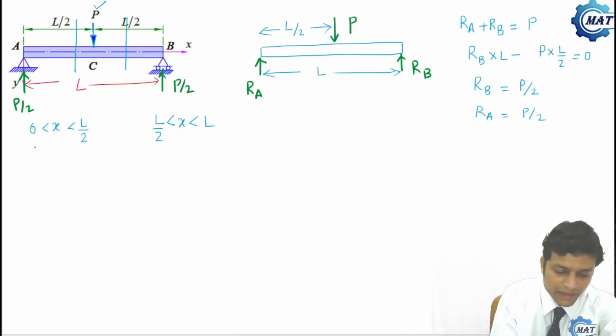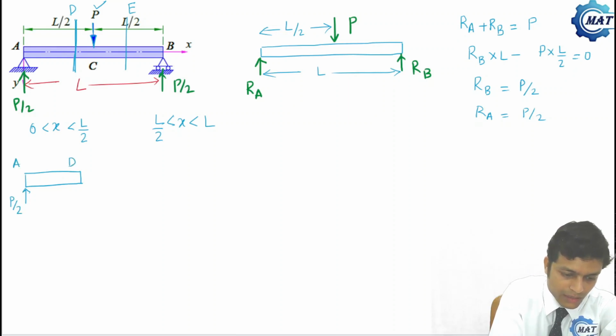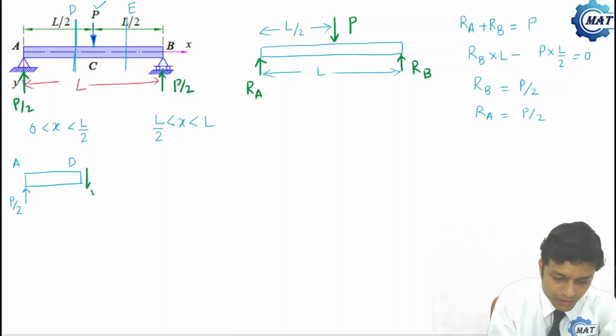So first let us take this section, say if this is D and this point is E. First let us draw the free body diagram of AD. Here the reaction force is P by 2. This is point A. This is D. Shear force is Vx and bending moment is Mx.